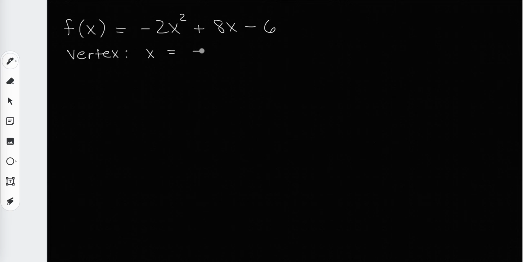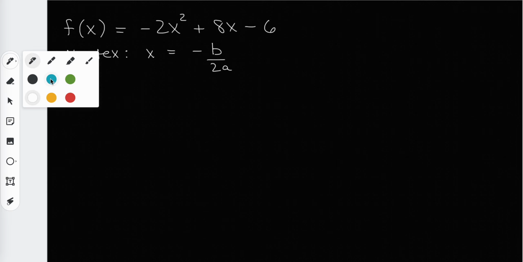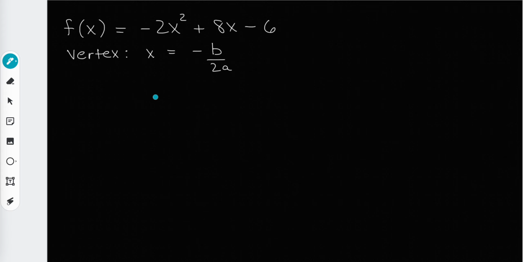x equals negative b divided by 2a. So for this quadratic function, what we want to do is identify our b. That's going to be the 8. So I'm going to end up with a negative 8 on top. And we also need to identify our a.